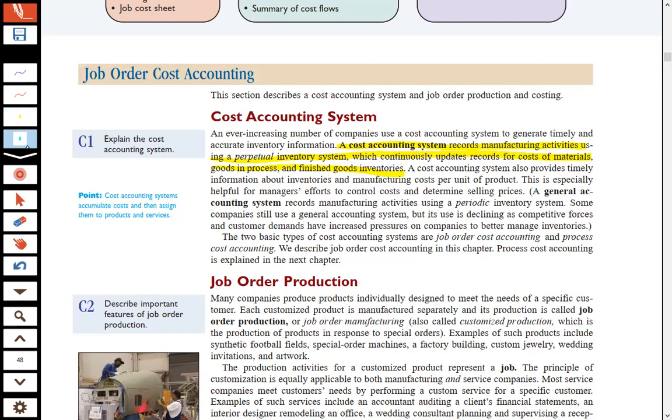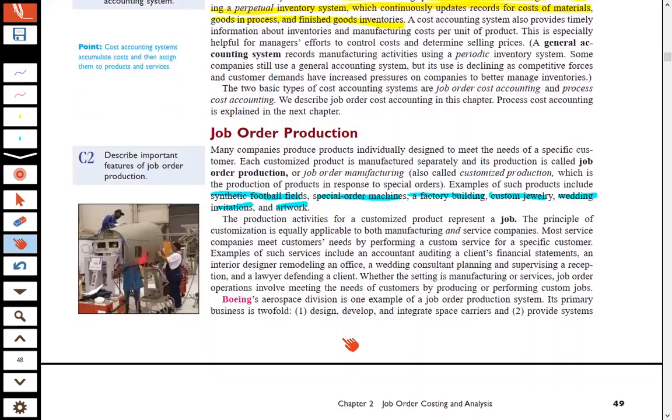Examples would be synthetic football fields, special order machines, a factory building, custom jewelry, wedding invitations, or an artwork. These all comprise job orders in which separate material, separate labor, and separate overheads are maintained.